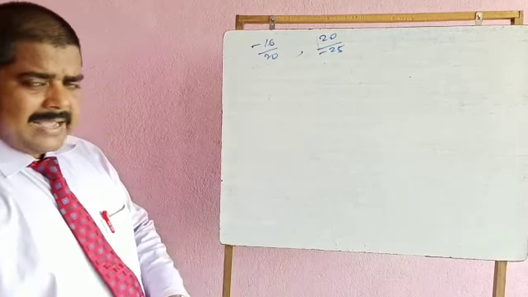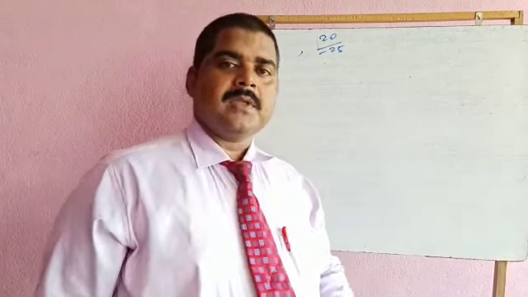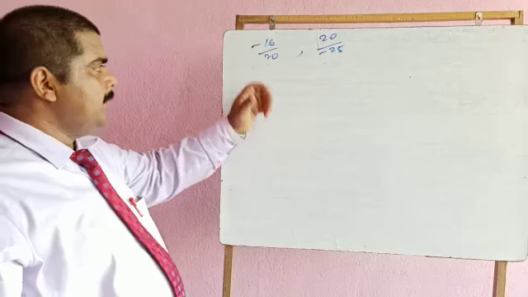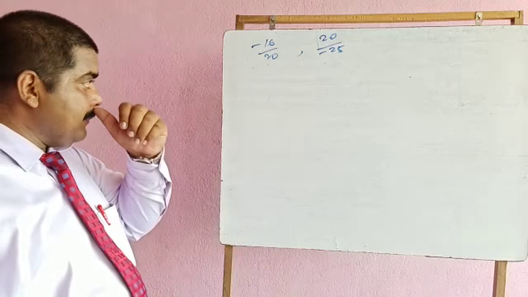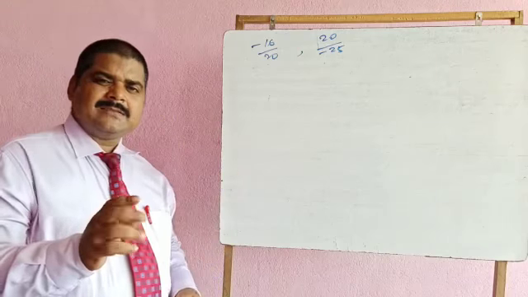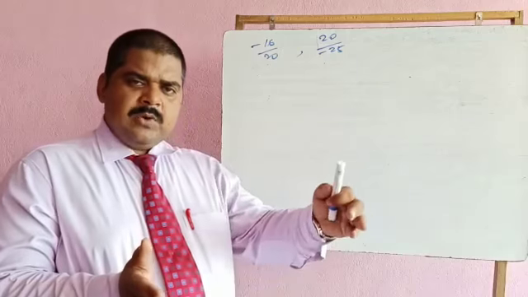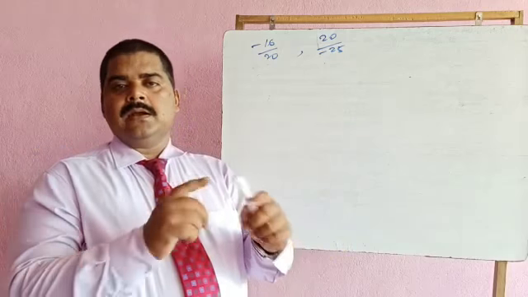Now the question is which of the following rationals are equal. I have selected minus 16 upon 20 and 20 upon minus 25. My dear student, when any rational has been given, at first you have to convert into standard form.